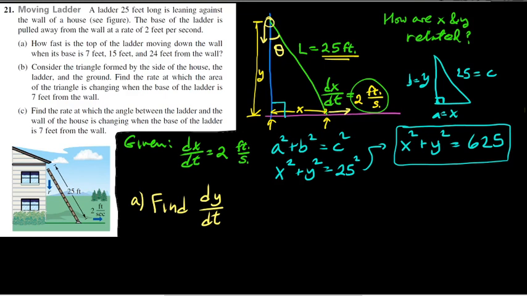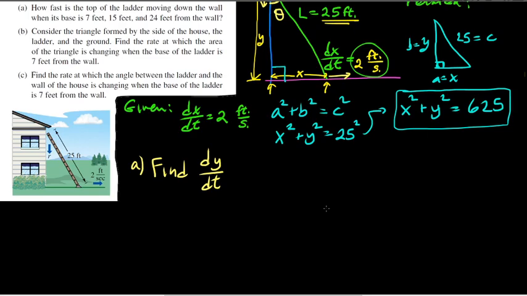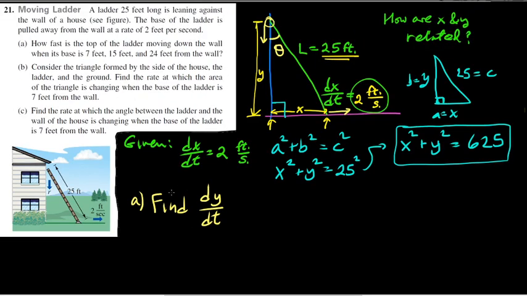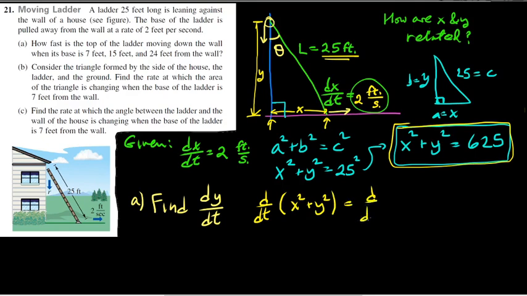Someone's yanking the ladder pretty quickly away from the wall. And part A says we want to find dy/dt. How do we do that? We take the equation we just found using the Pythagorean theorem and take the derivative of both sides, implicitly of course. This is one we've done several times already.